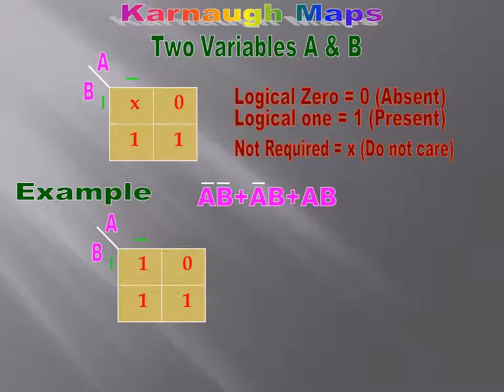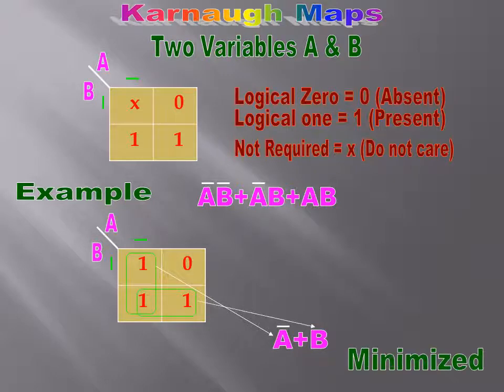So in place of AB naught we write 0. Now we'll make the pairs in the same way. If we make this pair, this represents A naught, and the next pair represents B. So this is minimized.